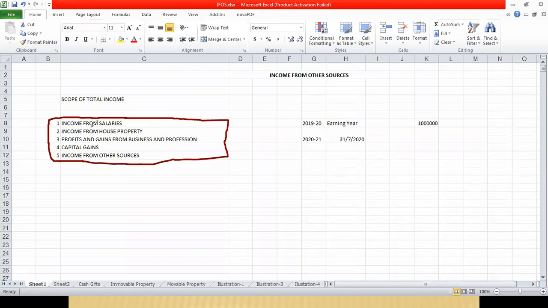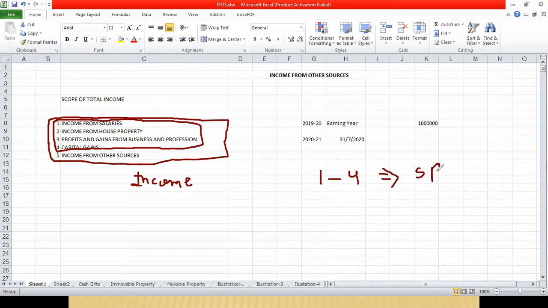Now, what happens? Sometimes some income cannot be classified under these 4 specific heads of income. Remember always, the first 4 heads of income you can call specific heads.